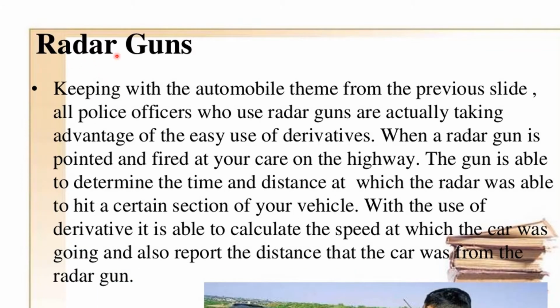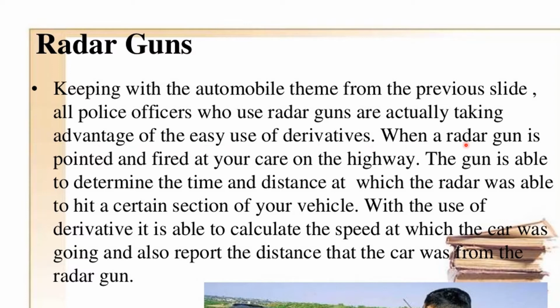In radar guns, too, we use the concept of derivatives. Keeping with the automobile theme from the previous slide, all police officers who use radar guns are actually taking advantage of the easy use of derivatives.